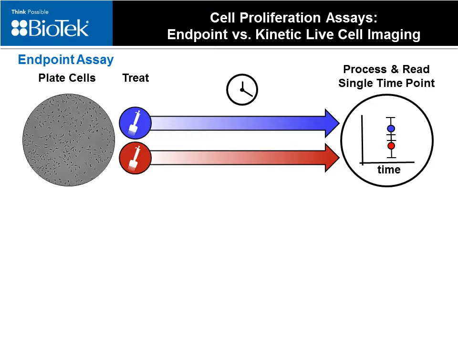So in the end, a single point in time is represented by these approaches. Or at best, multiple experiments have to be run out to different endpoints, and an attempt is then made to stitch these experiments together. Clearly not ideal.